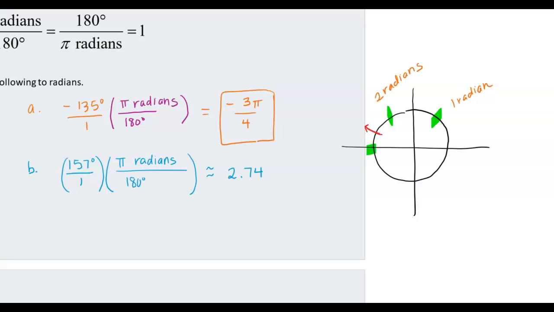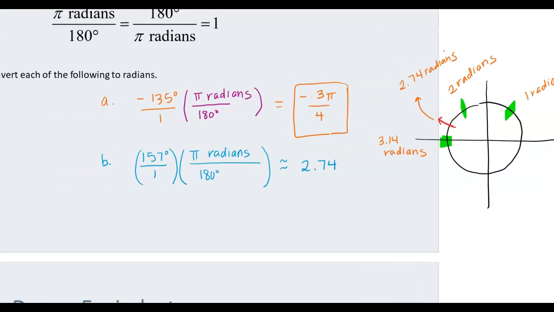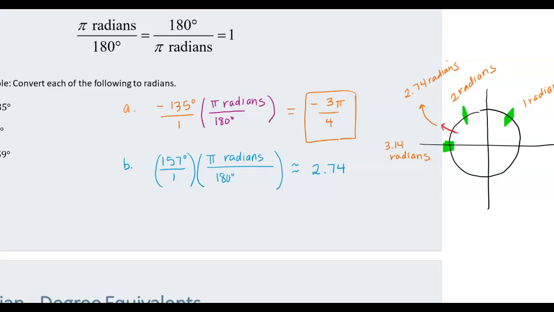And if we go all the way back to the x-axis, we would have 3.14 radians, right, or pi. And so it kind of makes sense to me, just looking at where this value is ending up, that this is going to be about 2.74 radians. Just kind of estimating and trying to understand how the units are changing.